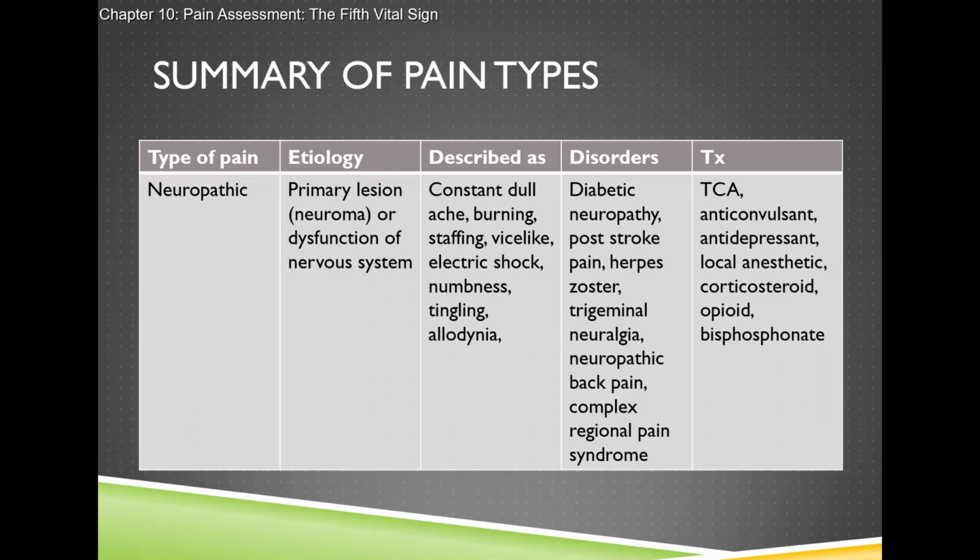You can use a local anesthetic, a corticosteroid, an opioid. All of those things can be used when you're trying to treat that type of pain. And bisphosphonates, the same thing.